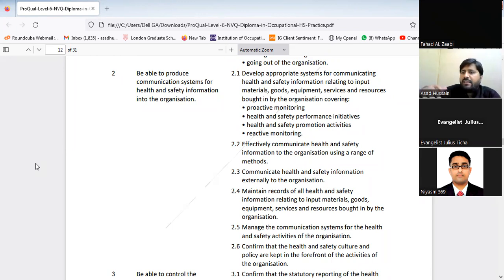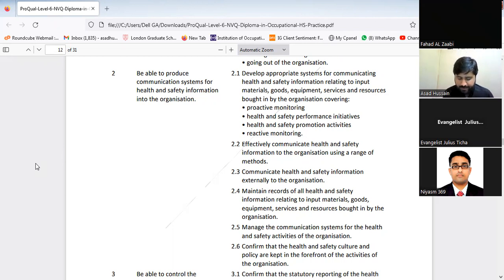You are buying them, getting from suppliers, and how you are managing them in the form of documents, or how you are doing the documentation with respect to health and safety for these things. You have to explain that, and you have to give the evidences of that.